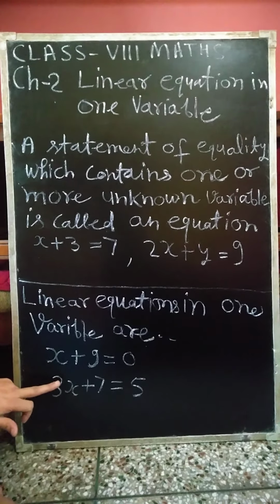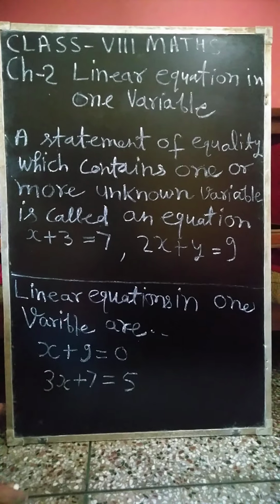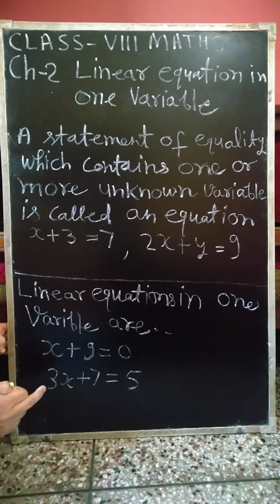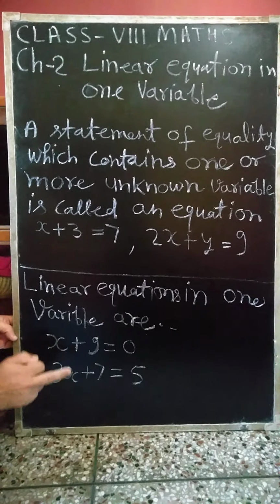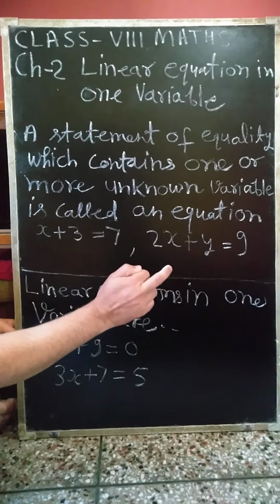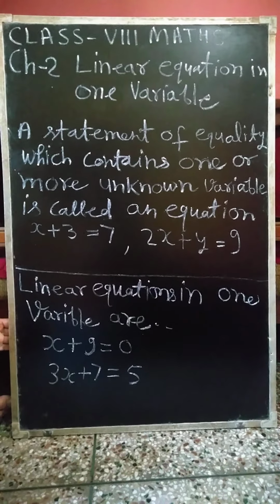So it is one variable and it has degree 1, because x power here is 1, its degree is 1, so we call it linear equation in one variable.